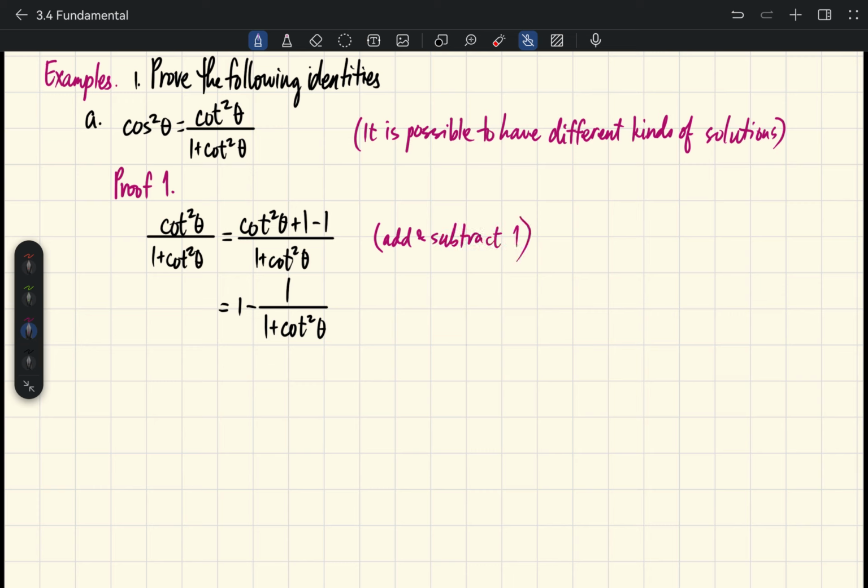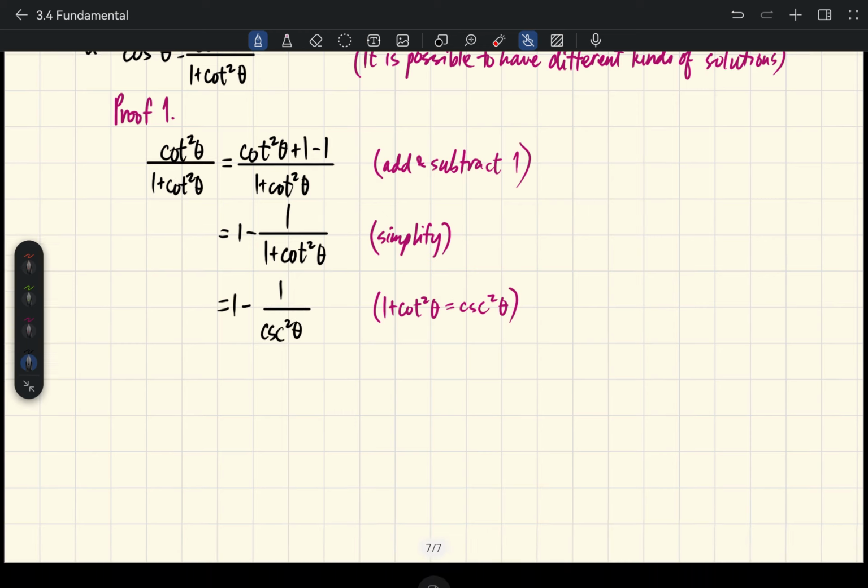Then what we did here is simplify. Then next, using the fact that 1 plus cotangent squared theta equals cosecant squared theta, we can write this one as 1 minus 1 all over cosecant squared theta.